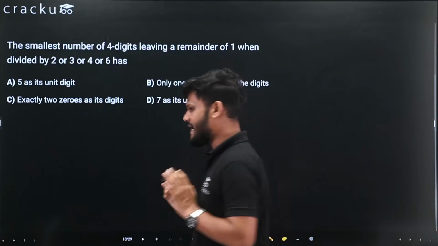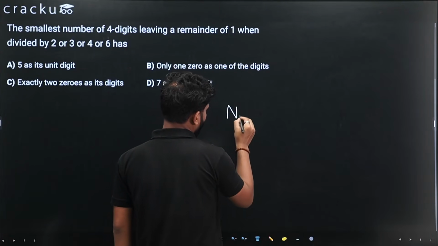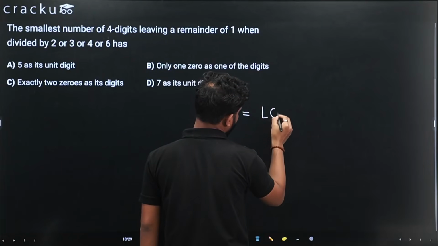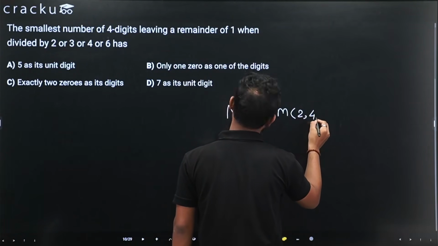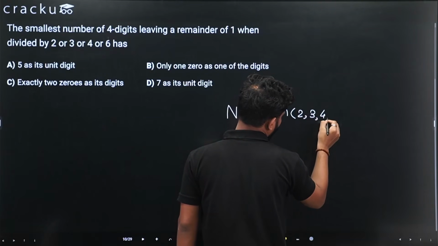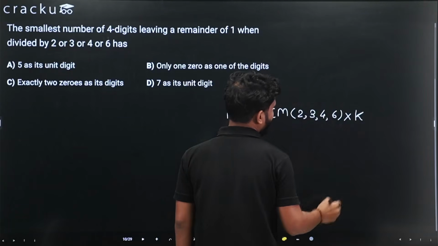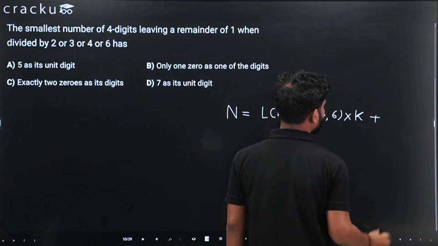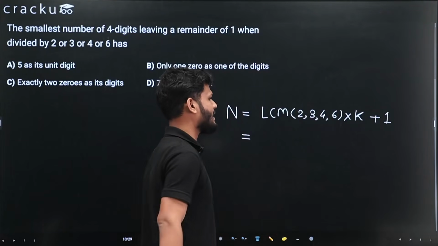So in this type of example, what you should do is that the number will be of the format LCM of the given numbers, which is 2, 3, 4 and 6, multiplied by some integer k plus the remainder which is left. The remainder is 1.